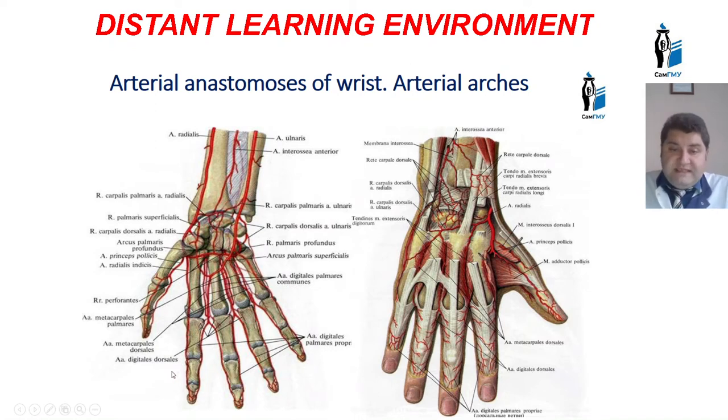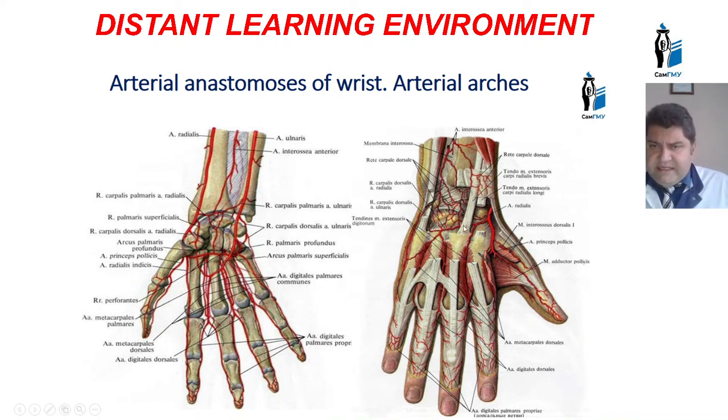So now you can see that all these arteries form anastomoses over the joints between metacarpal bones, and also between metacarpal and phalangeal bones, and between phalangeal bones too. So at the posterior side of the hand you may see, as I told you, the arterial network which is called the dorsal carpal arterial network.